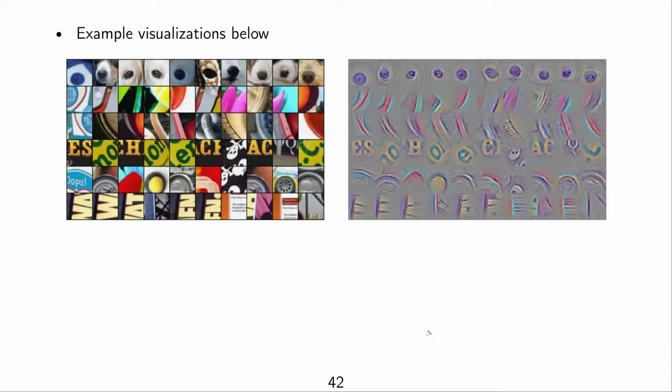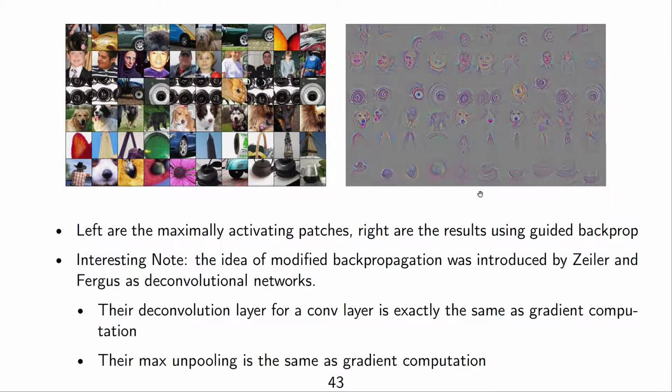So for one visualization we showed previously, we showed these corresponding ideas, and what one can see is this looks maybe almost like a colorful edge detector. So the visualization is shown in the image on the right that one can obtain from this modified backpropagation algorithm. So here is an example on the top.